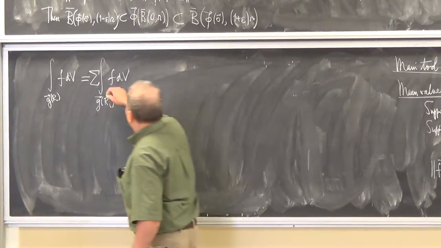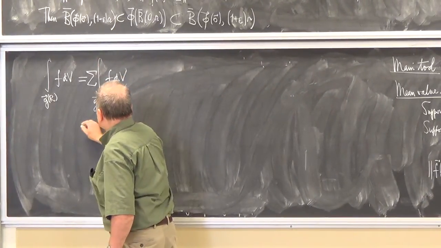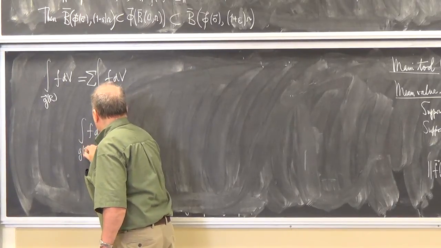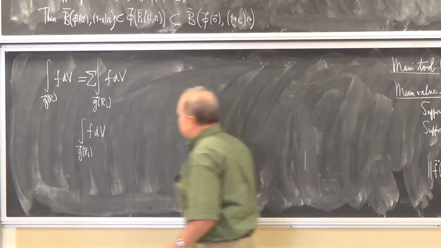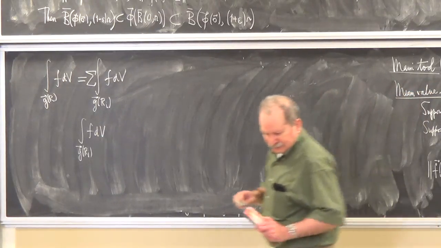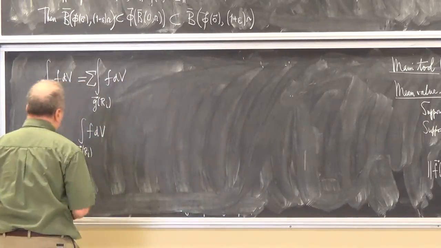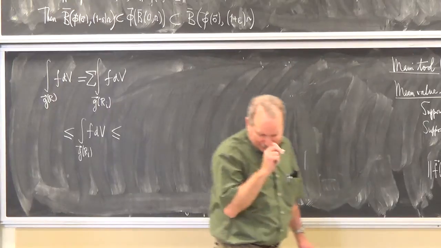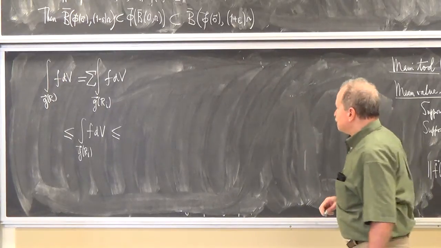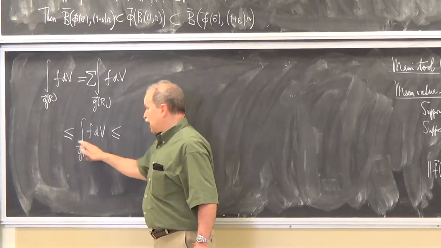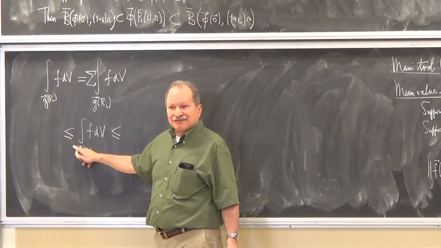Now, let's think about what we can say about the integral of f over the image of one of those subcubes. Well, this isn't a cube. This isn't a rectangle. It's some weird thing. It's a region.